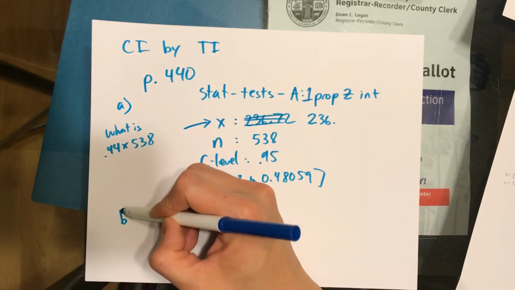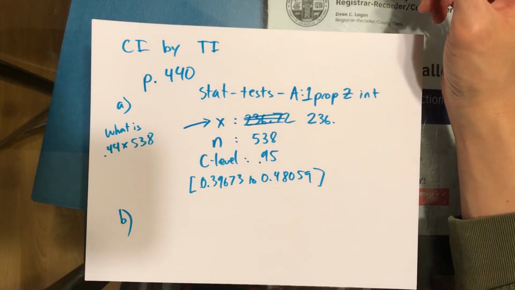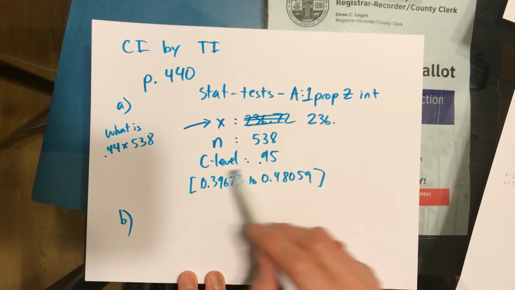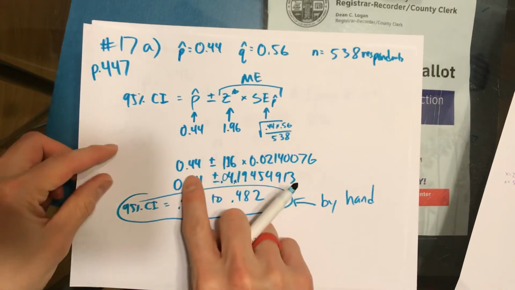Okay, and then part B just asks the question for number 17. Recall that 53%. Now they're basically asking, is 53% in this range, right? So back to this one right here.